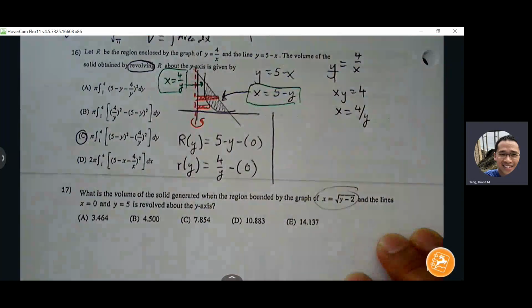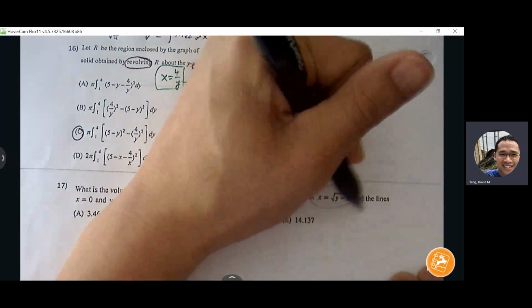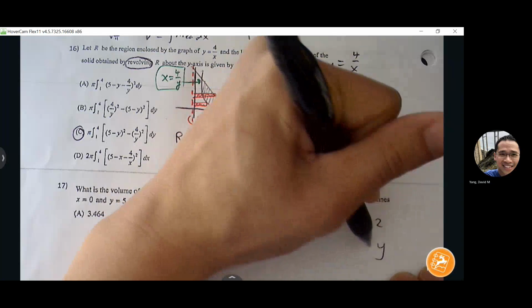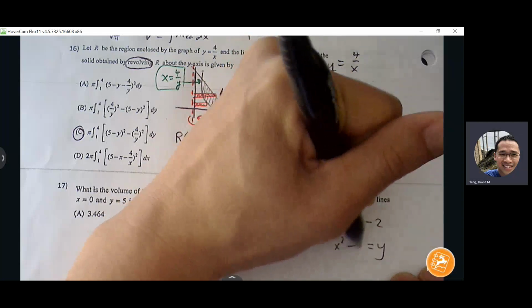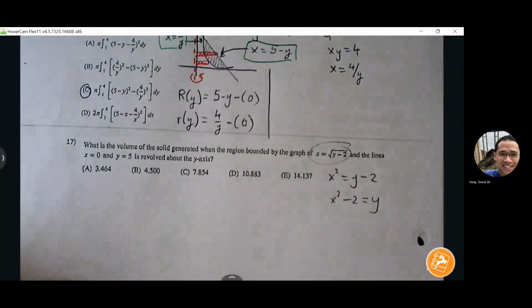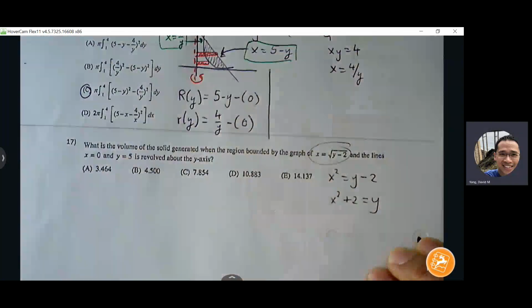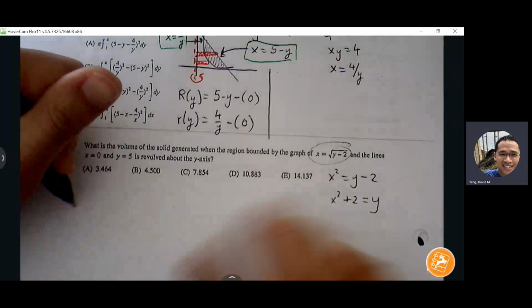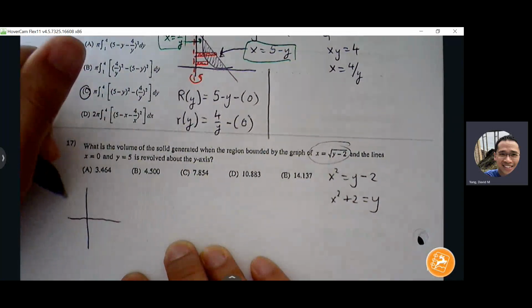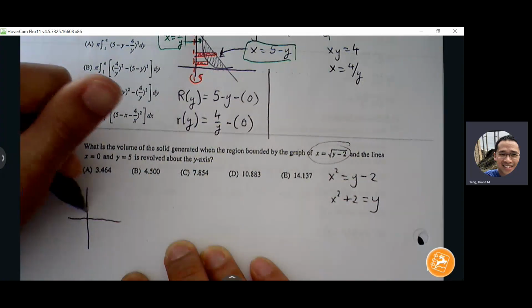If it doesn't feel familiar to you, you can always solve in terms of y, square both sides. So it's really y equals x squared plus 2. That's a parabola with the y-intercept of 2. You see that the positive square root indicates that it's just the positive portion of the parabola.